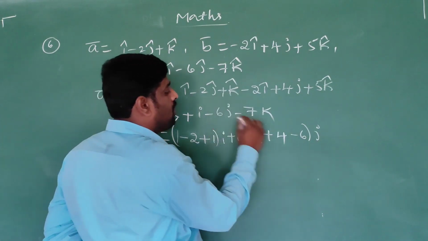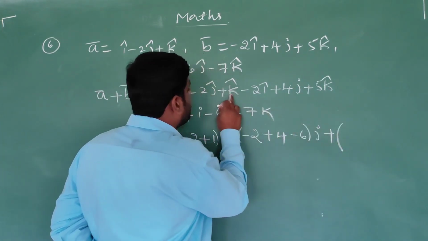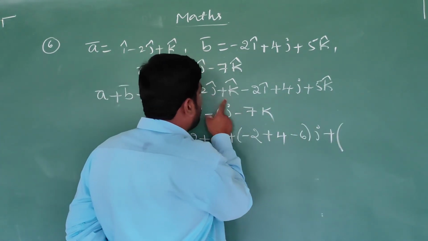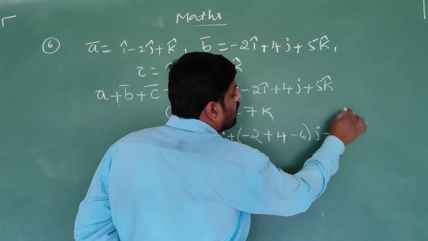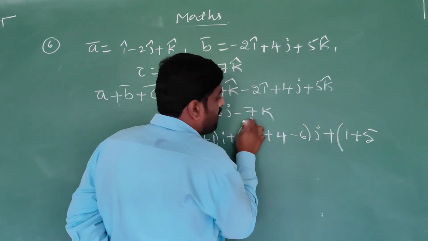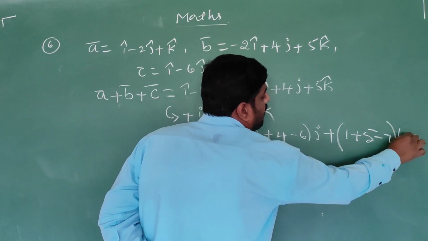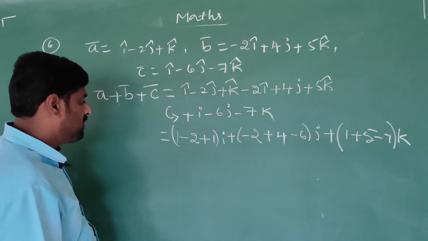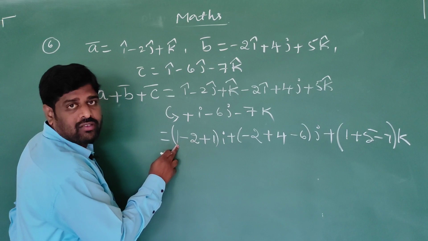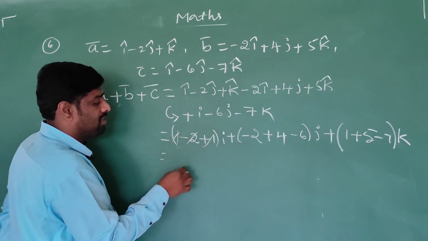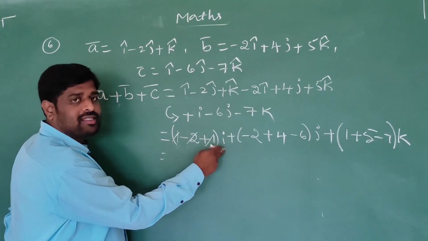Next come to the k component: 1, here 5, and here minus 7 into k cap. So 1 plus 1 is 2, and the 2 gets cancelled. So here 0, 0 into i is 0 only.